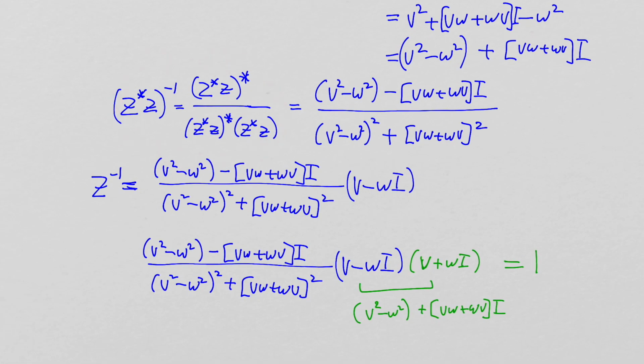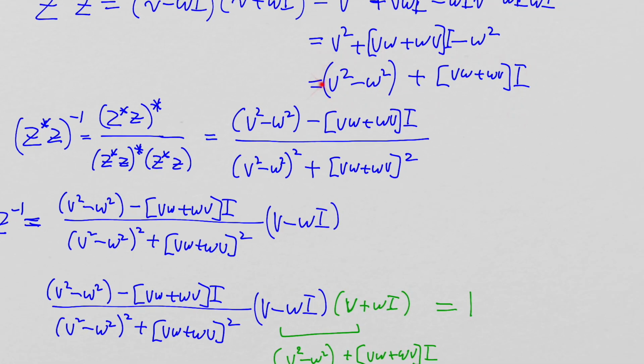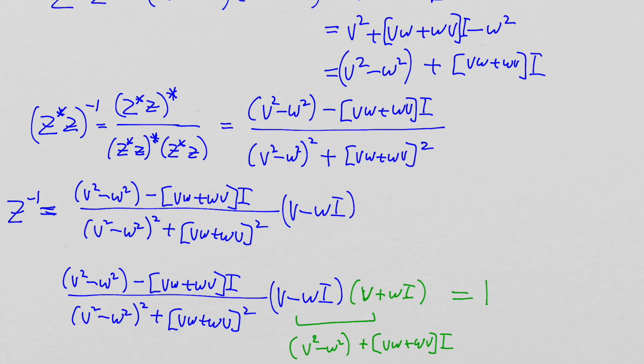Ergo, we use this definition, and the numerator is the complex conjugate of z star z. So whatever this was, you take its complex conjugate and you throw it in the numerator. That only changes this sign from a plus to a minus. And then the denominator is the complex conjugate of z star z times z star z.